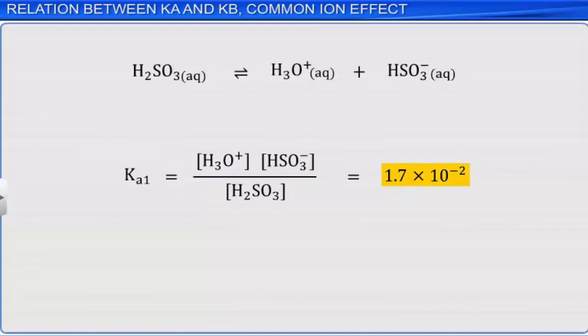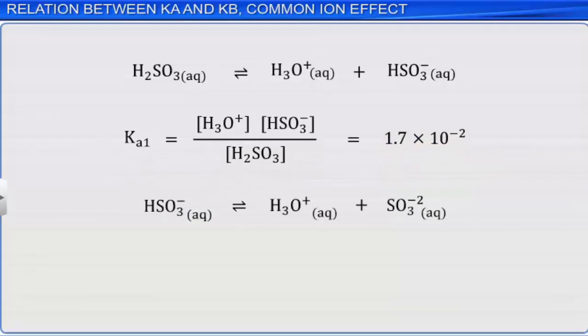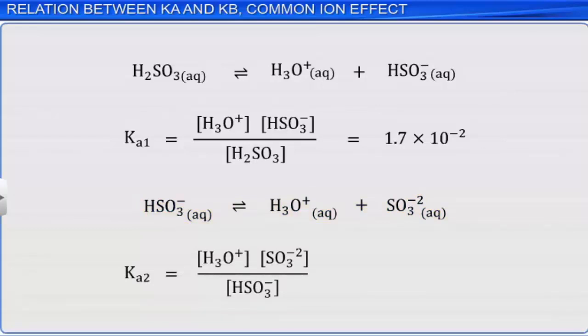Similarly, the ionization reaction of HSO3 minus can be represented as HSO3 minus aqueous in equilibrium with H3O plus and SO3 2 minus aqueous. The second dissociation constant, represented by Ka2, is equal to the product of concentration of H3O plus and SO3 2 minus divided by concentration of HSO3 minus.